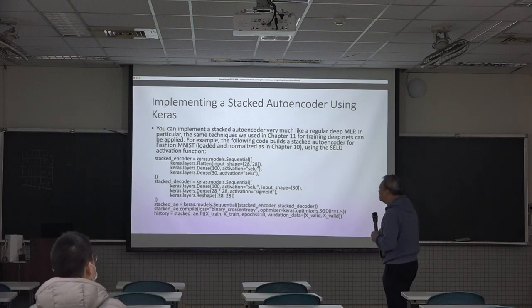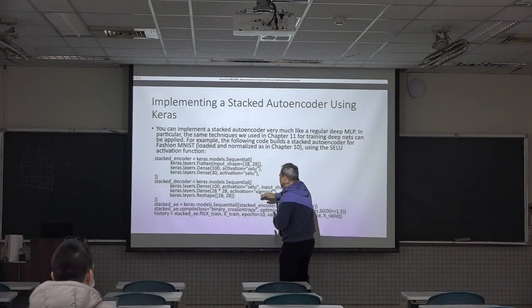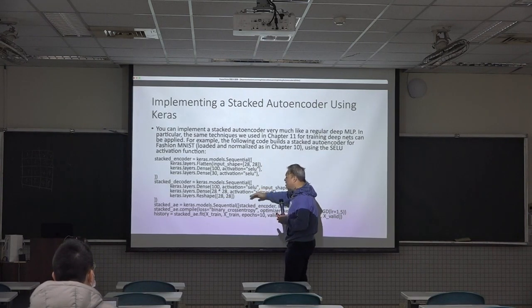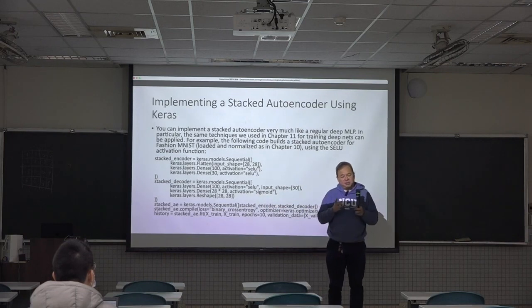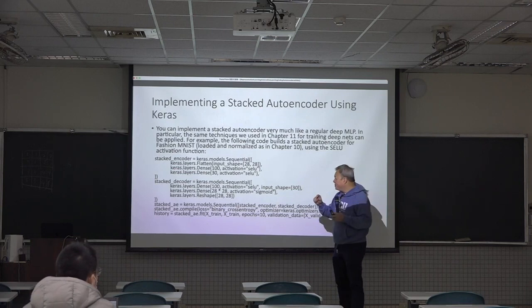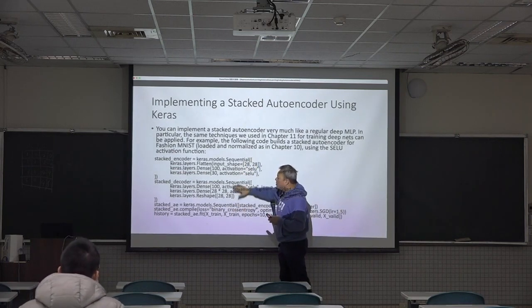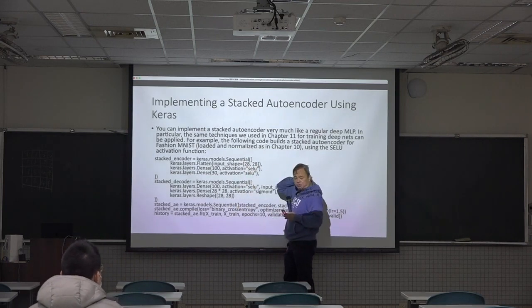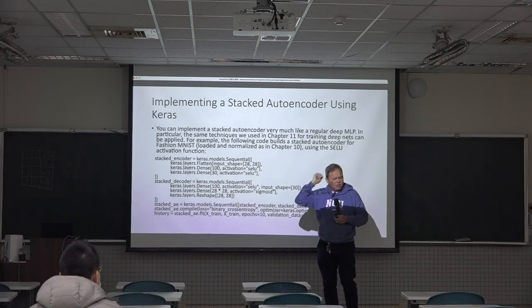The reason we can use sigmoid is that the sigmoid output is a value in the range of 0 to 1. Remember, Fashion MNIST is a grayscale picture.